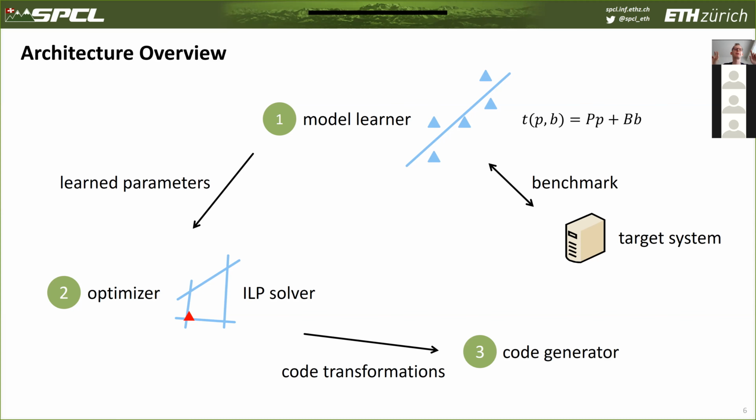So it's not the optimal, of course. It doesn't find the optimal code transformations because the model may be imperfect, but it finds the optimal transformations according to this performance model. And then the code generator generates hopefully fast code using the code transformations given by the optimizer.